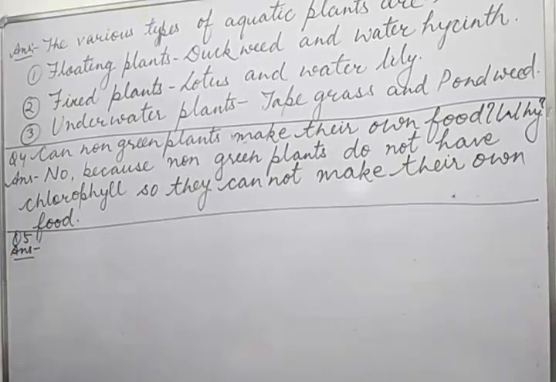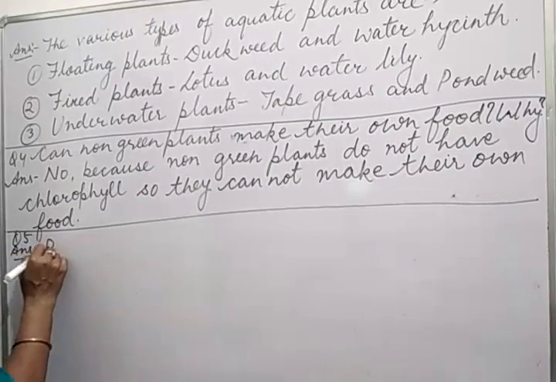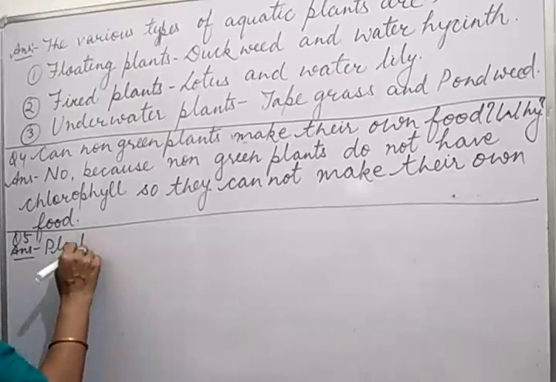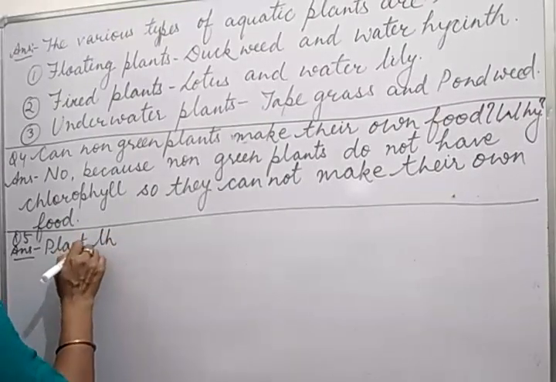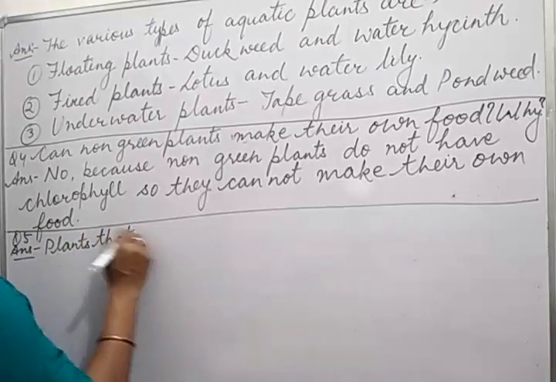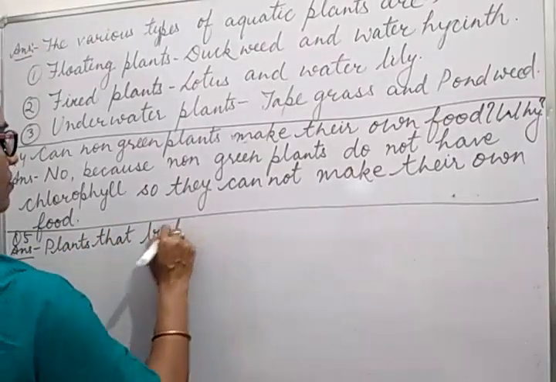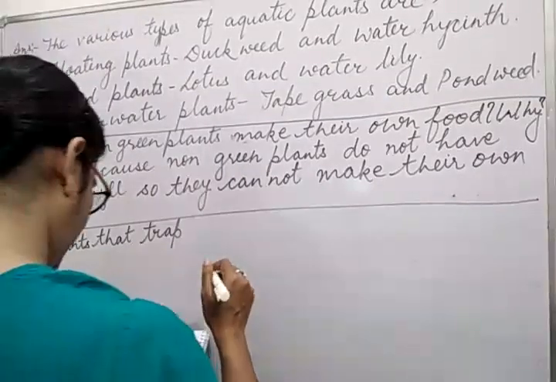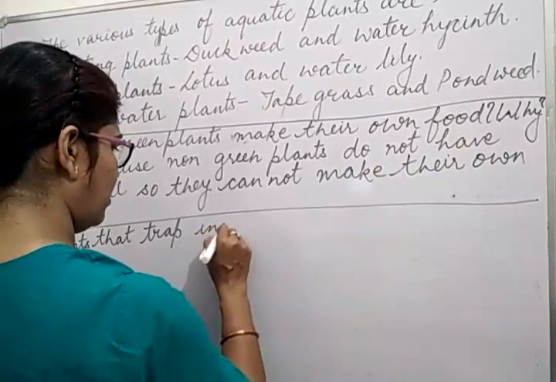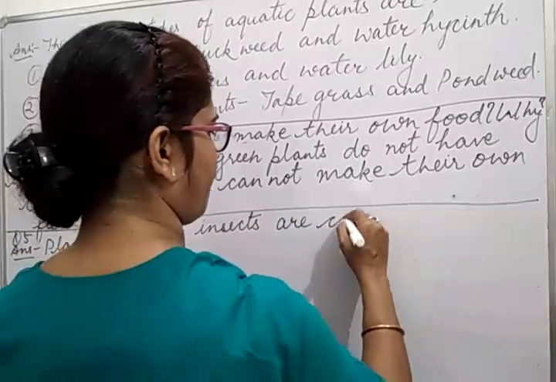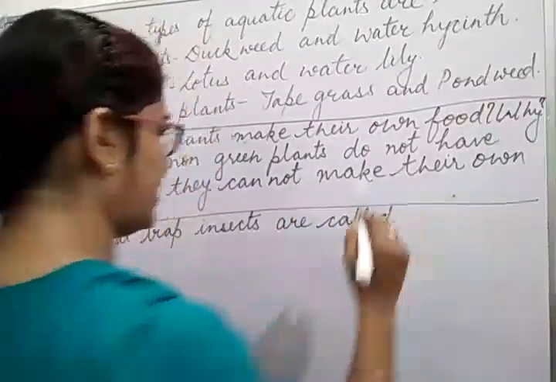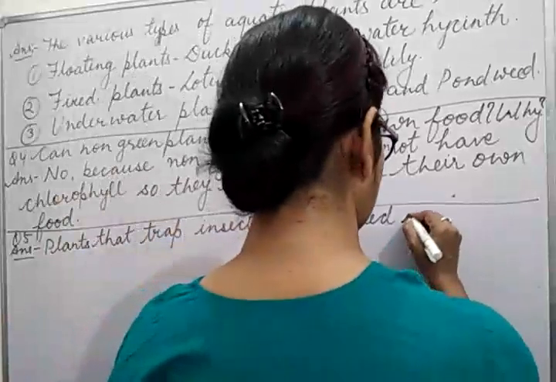What are insectivorous plants? Plants that trap insects are called insectivorous plants.